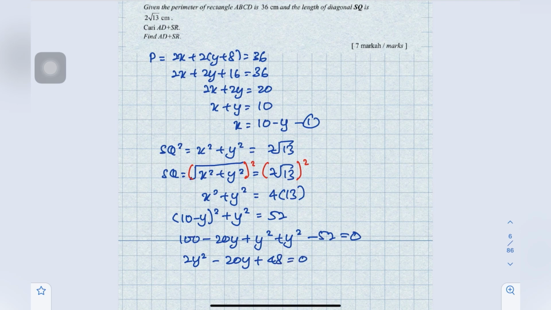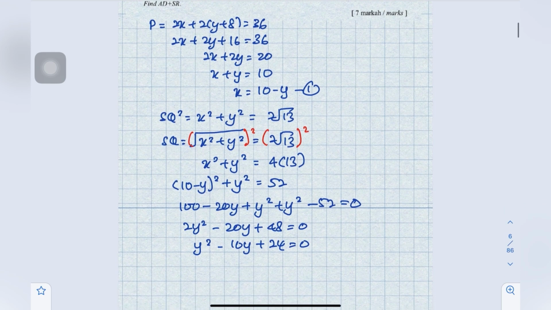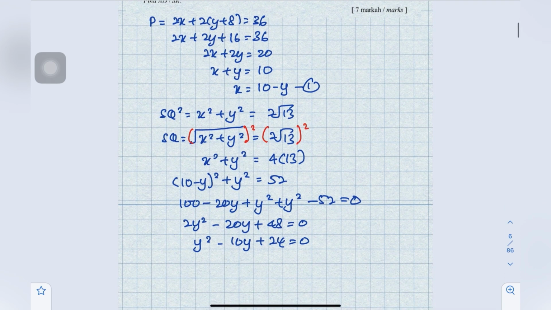So this one divided by 2. So then y squared minus 10y plus 24 equals to 0. So this is quadratic equation. So to solve, we can factorize this one. So (y minus 4)(y minus 6) equals to 0.